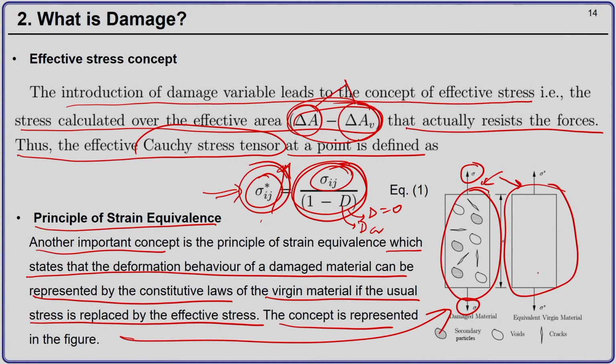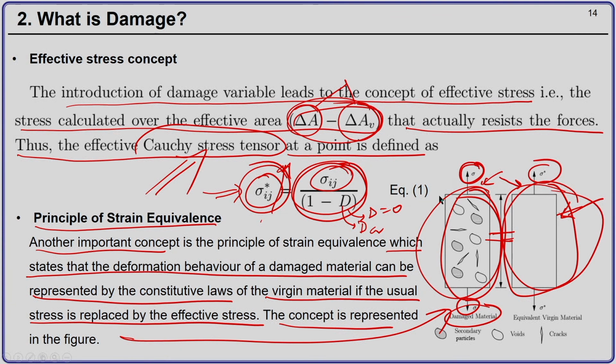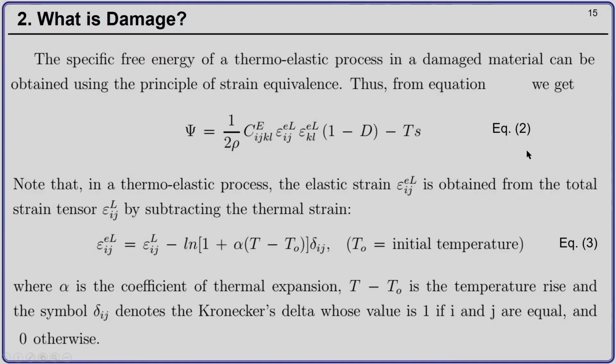Virgin means there are no voids, there are no cracks, there are no secondary particles, and then the behavior of this virgin material is considered same as that of the damaged material if I replace sigma by sigma star, which is nothing but this effective stress tensor. So, I just have to replace sigma by sigma star and then I will have the similar behavior. This is called the principle of strain equivalence.